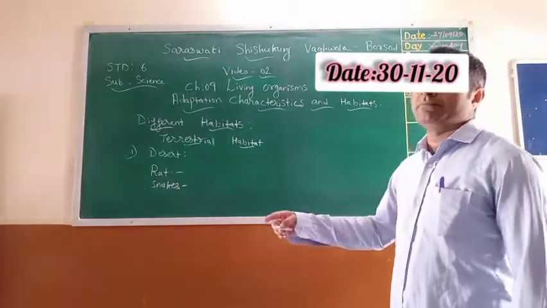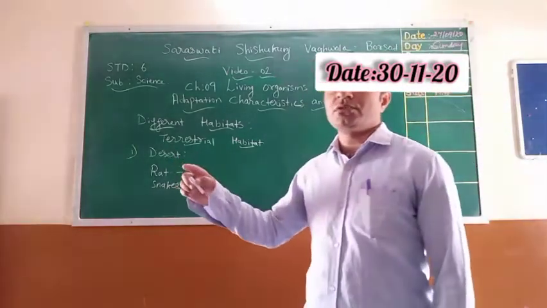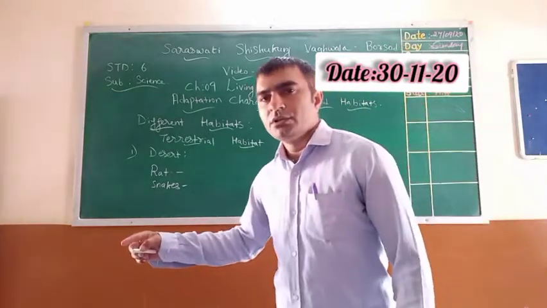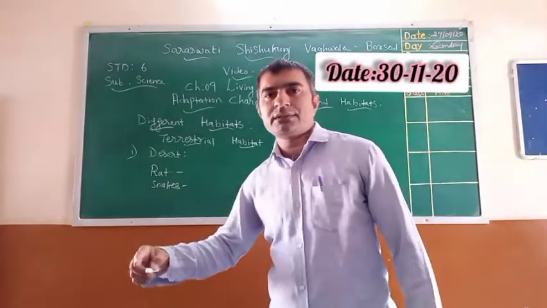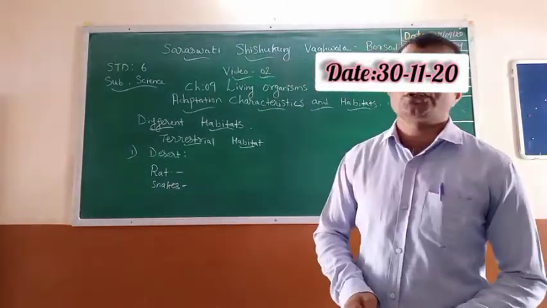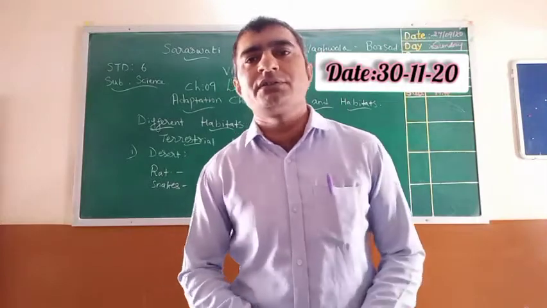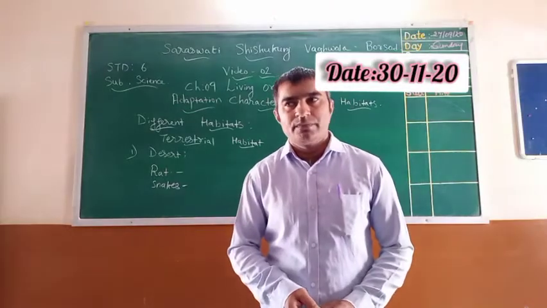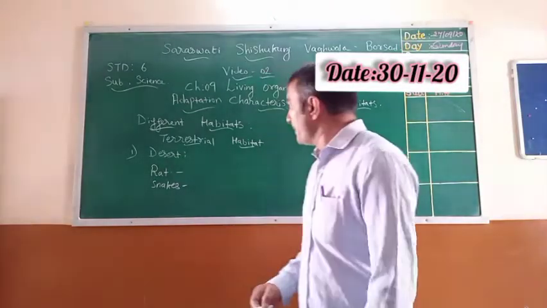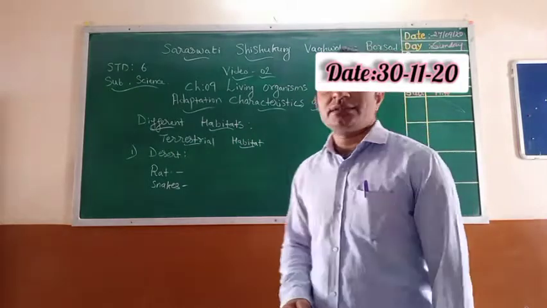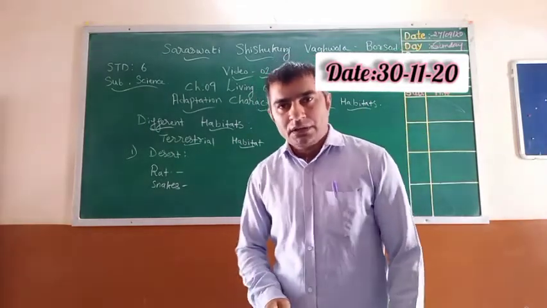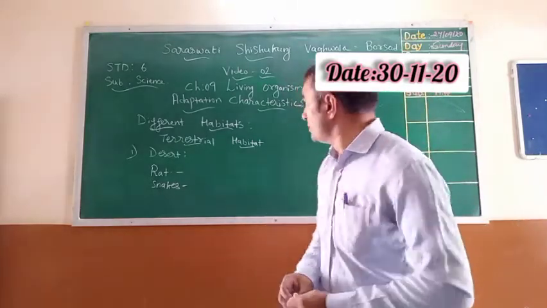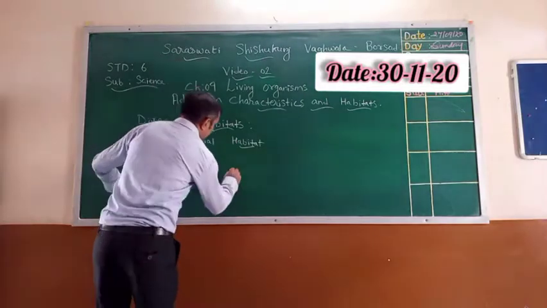At night they come out, because at night the sand becomes cold. So at night rats and snakes come out in search of food, and they can survive in this specific condition of excess heat. So these are the adaptations of rat and snakes, right? And there are different kinds of plants also, for example cactus.